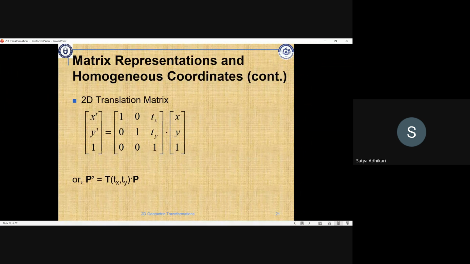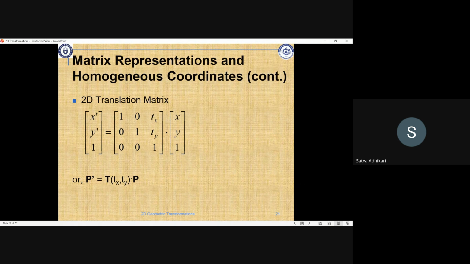The same matrix we used as the translation matrix was of order 2, but now the same translation is P dash equal to T into P, here with a 3 by 3 matrix. If we multiply, you see 1 into x, 0 into y, Tx into 1.